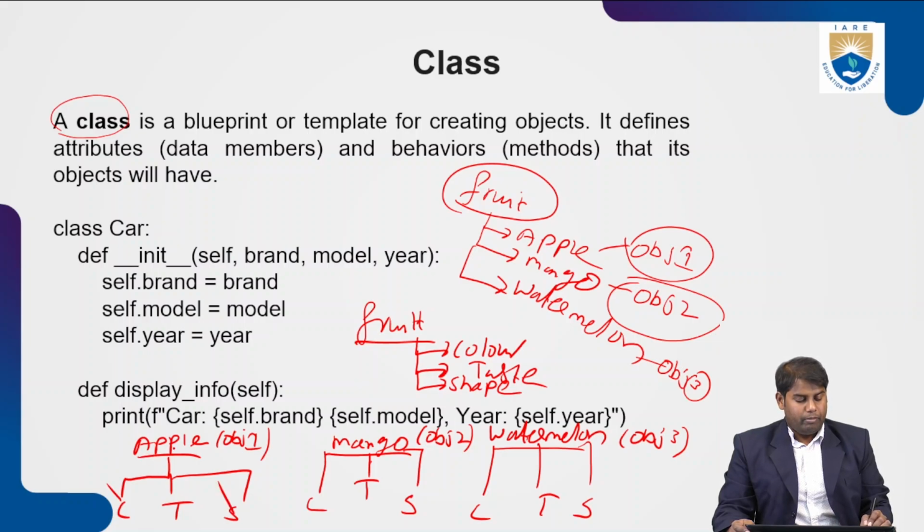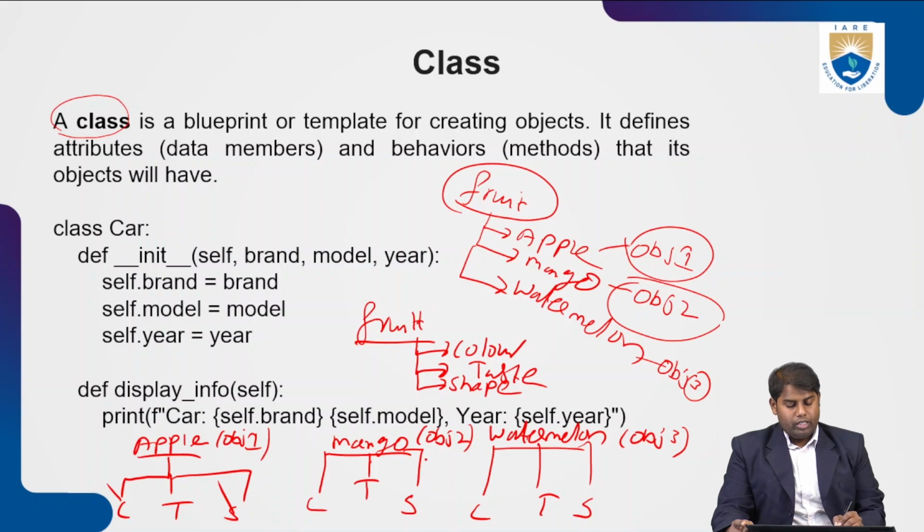If we compare object 1 and object 2, apple and mango, you can see the color is different, the taste is different, and the shape is different.